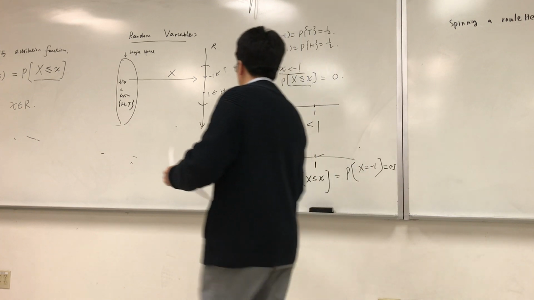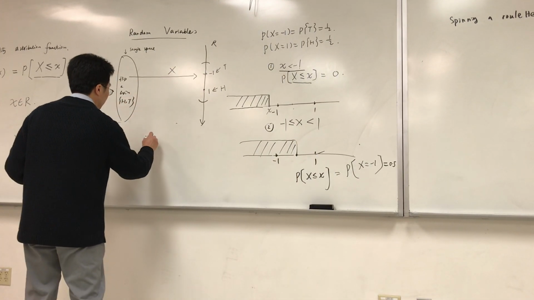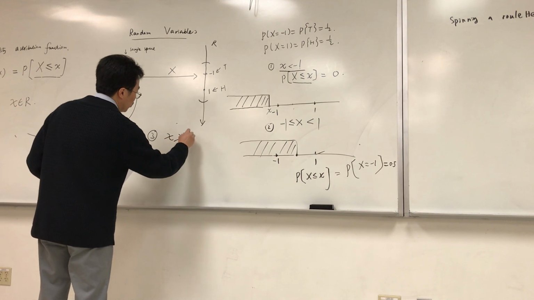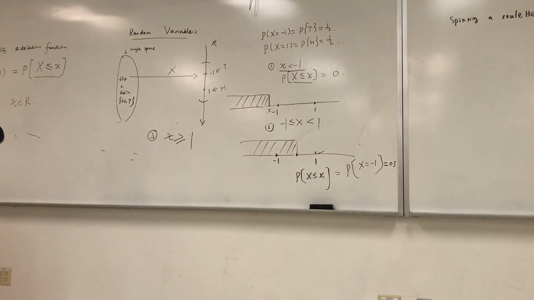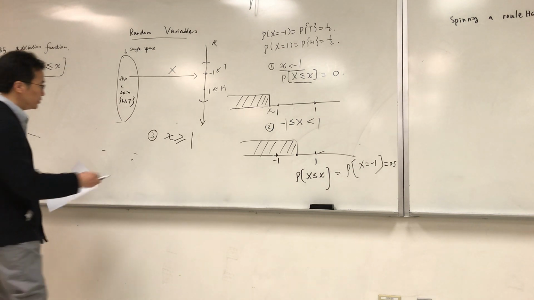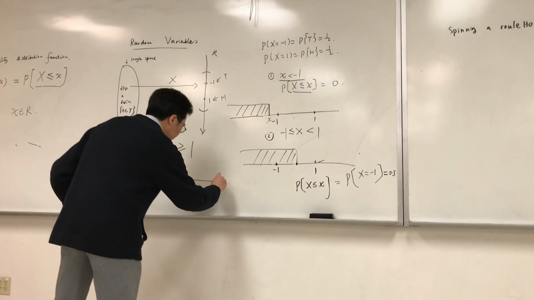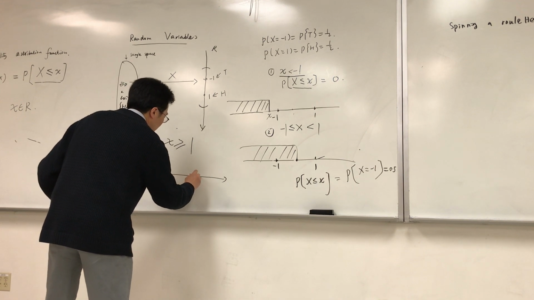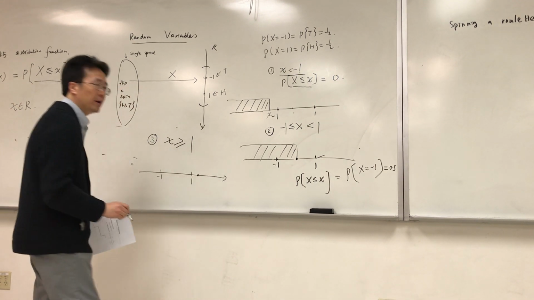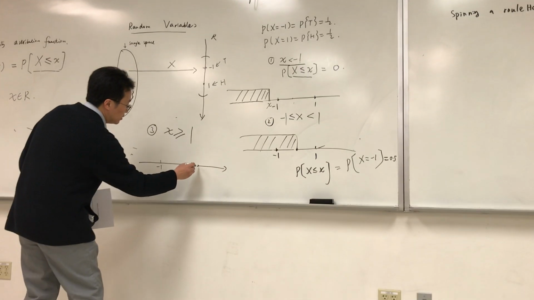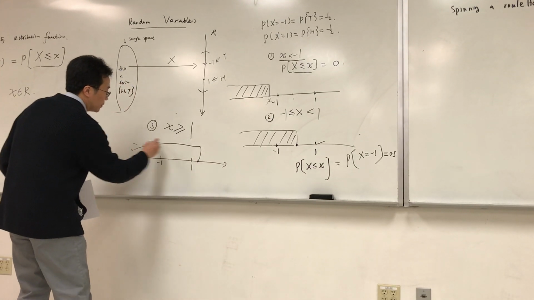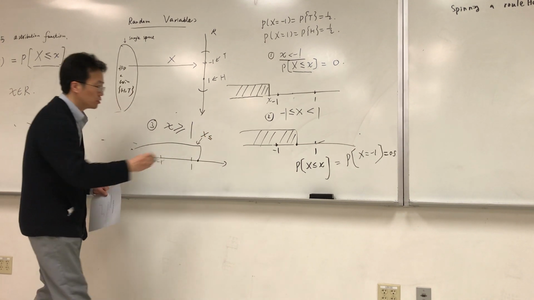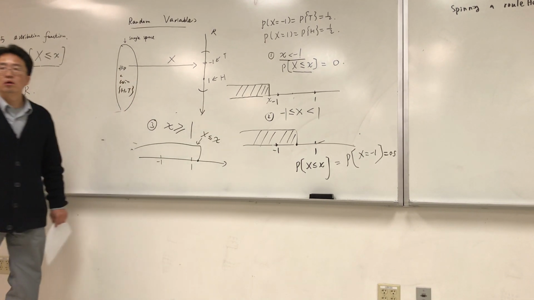How about case number 3? When x is larger or equal to 1. In this case, x should be somewhere here, right? And this inequality represents that the random variable is less or equal to the realization here.